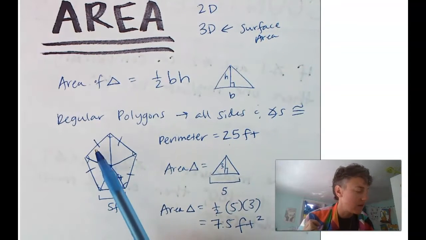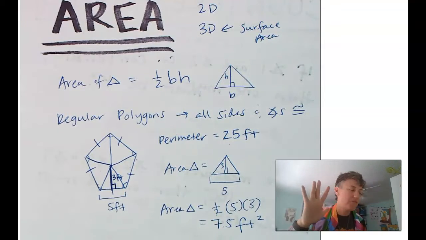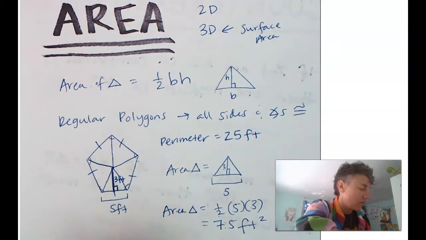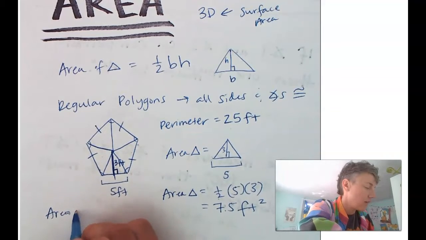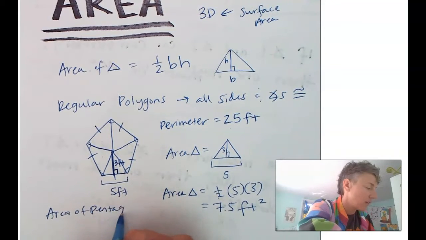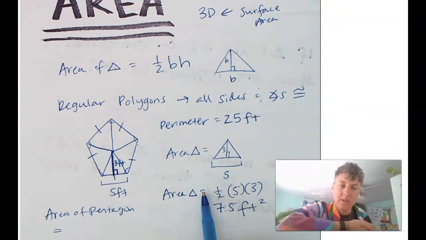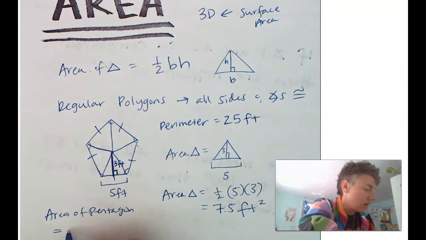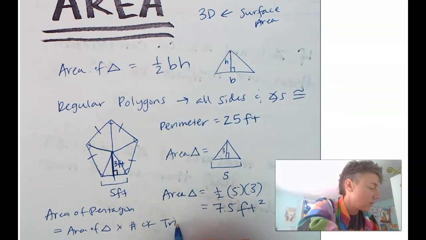How many of these triangles are there in this regular pentagon? Well, there's 5. So the area of the whole pentagon is going to equal the area of the triangle times the number of triangles. Area of triangle times number of triangles.